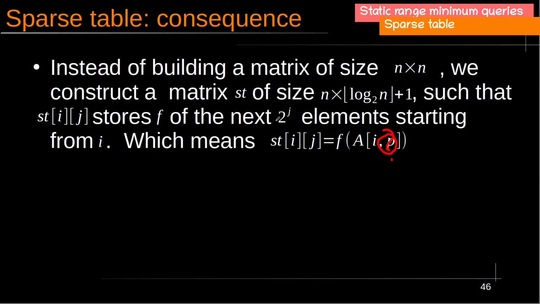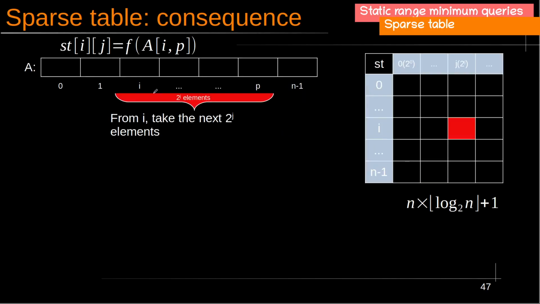Let's see this definition represented by this schema. Let's take from i, we're going to take 2 power j elements. This minimum, or max, or the result of f is represented here in the sparse table, this matrix.